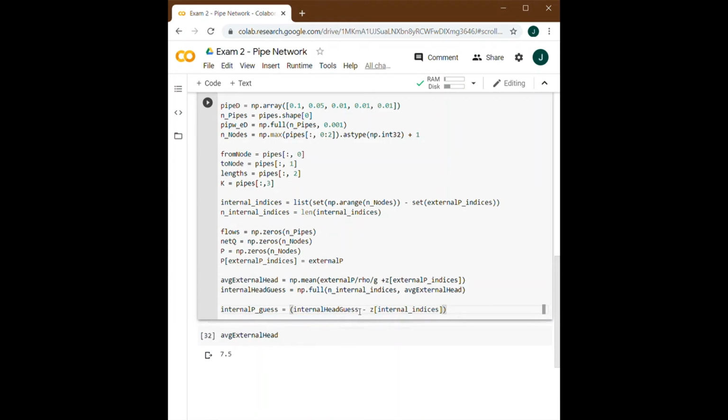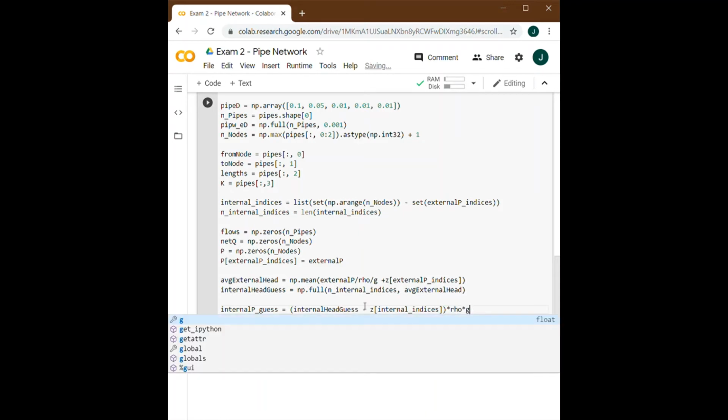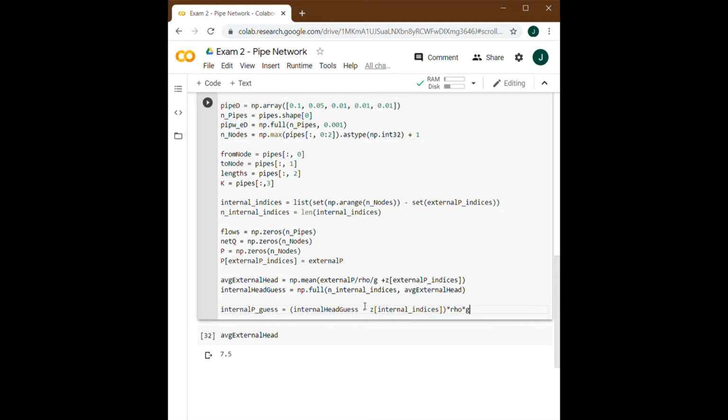And then this little function here is all going to be multiplied by rho and our gravitational constant. So, run this, make sure that we have no errors. It all looks good. So, this is going to be our initial pressure guess.